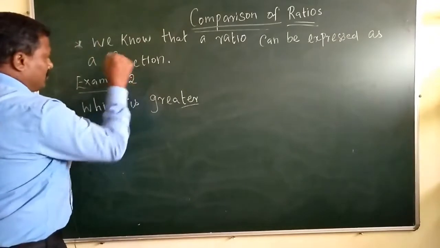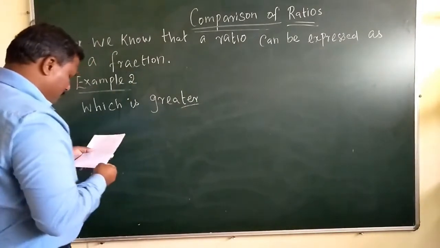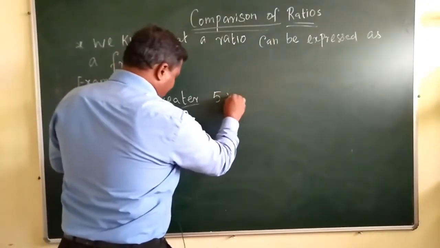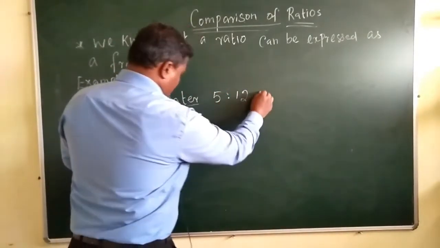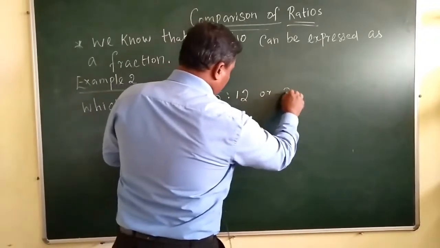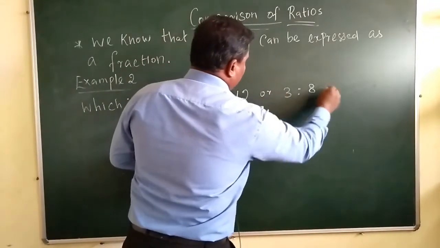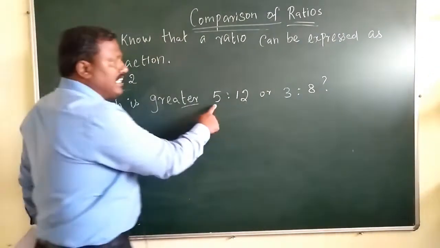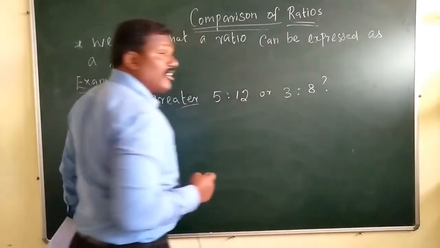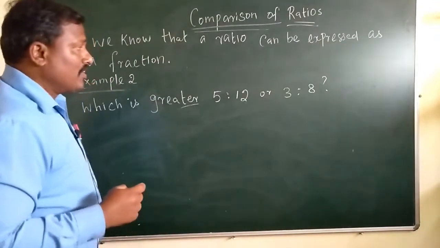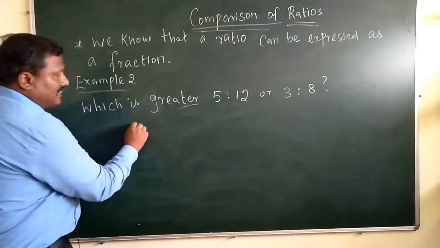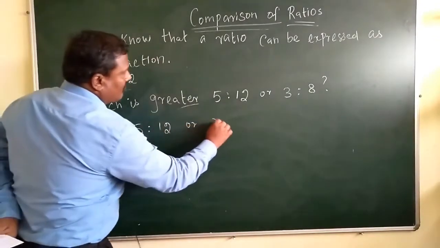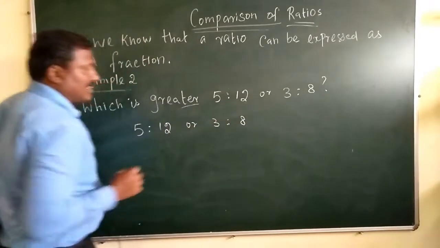Example 2: which is greater, 5:12 or 3:8? Which is the greater ratio? I told you, write the given ratios as they are, 5:12 and 3:8.